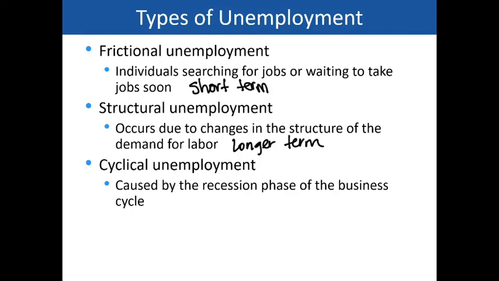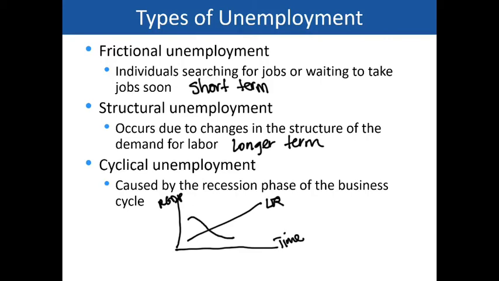Cyclical unemployment is caused by the recession phase of the business cycle. Remember, we have the downturn in the economy during recessions. We have the long run economic growth. We have the real GDP here in time. And when the economy enters a recession during this business cycle, from a peak to a trough, we have a recession.